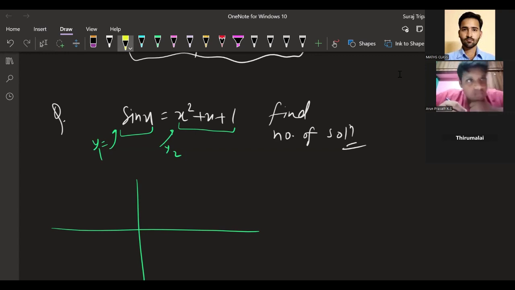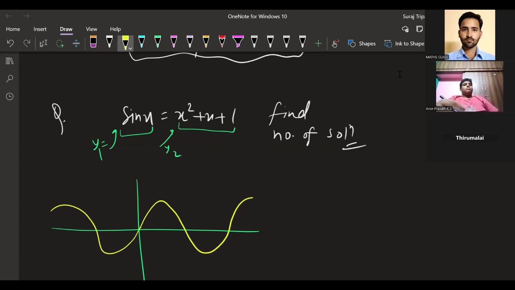This is the graph y equals sin x. Here the point is 1. Now we have to draw the graph of x square plus x plus 1. What is the minimum value of this graph? It will be a parabola. As D is negative, its minimum value is 3/4.